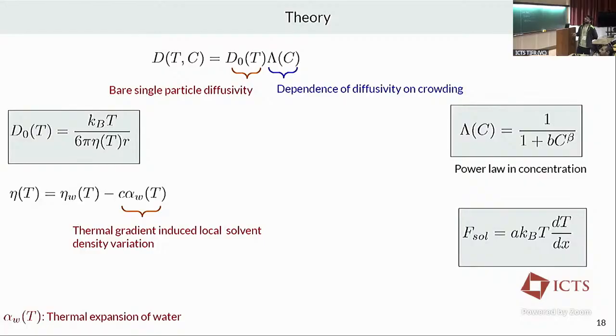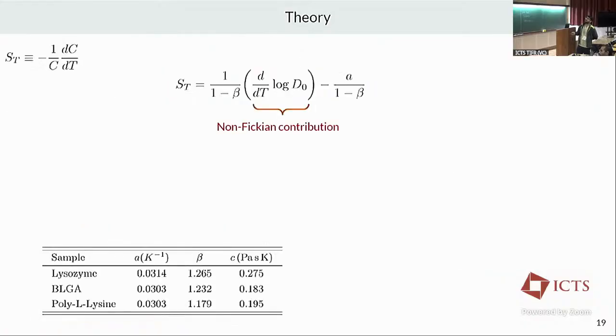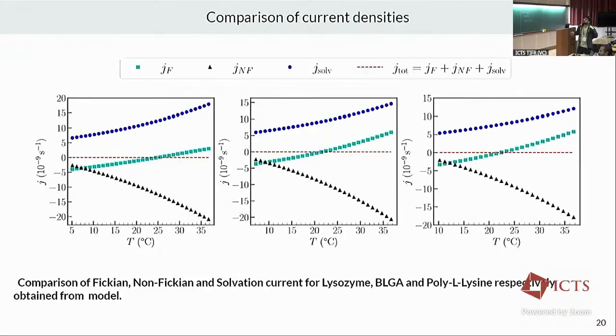So in this model, we have three fitting parameters, C, beta, and A. And with these three parameters, you can show that the Soret coefficient takes a form something like this, where this term comes only because of consideration of this non-Fickian contribution, which is like this, and this A just gives you the shift, the solvation just gives you a shift, and the beta, which is the exponent of concentration, just tells you about the regime in which you are looking.